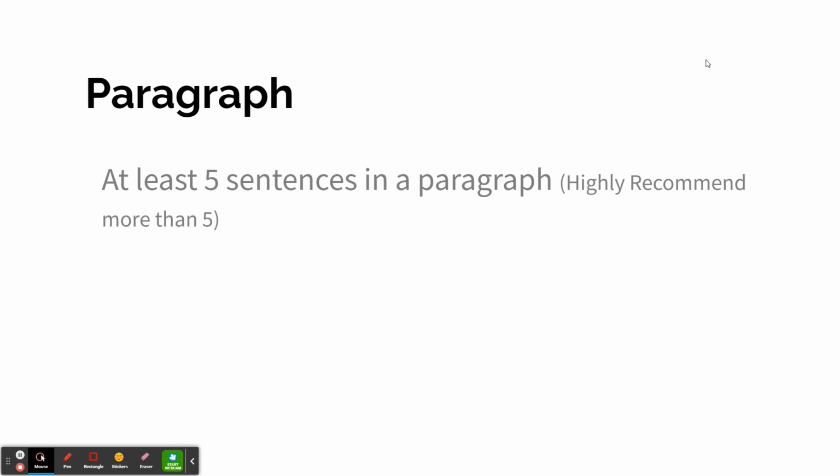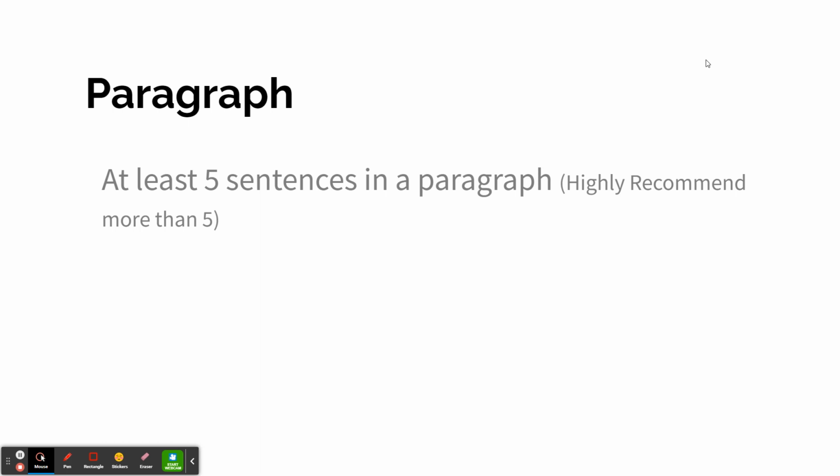At the minimum, 5 sentences. You want it to be more, and we highly recommend more than 5 sentences for paragraphs. It all depends on what's required in your writing. Also, you want to keep in mind the details and descriptions that go into your writing. So some may require more. So again, typically we recommend there be more than 5 sentences.